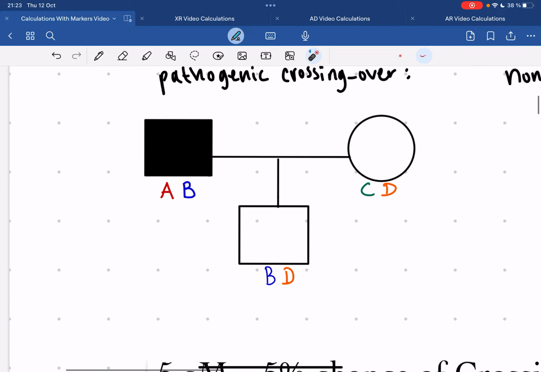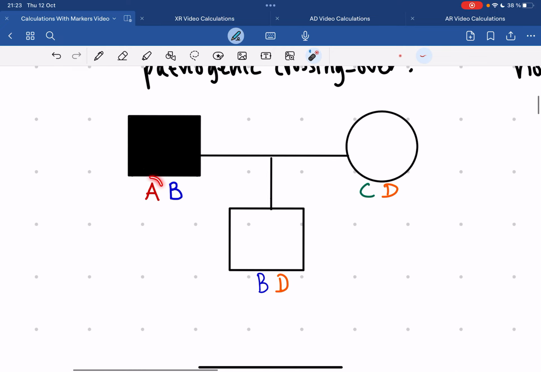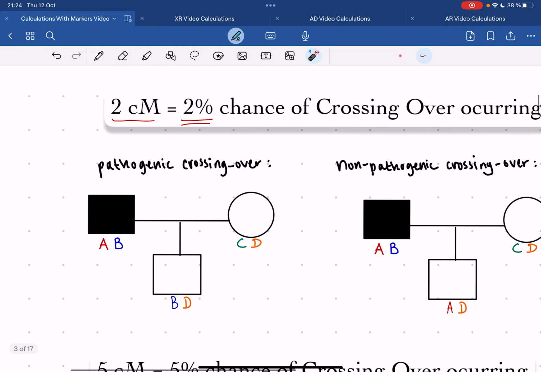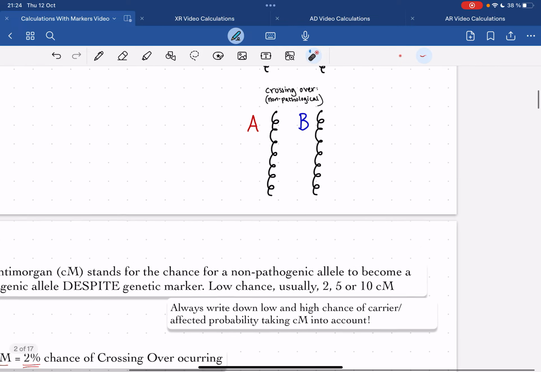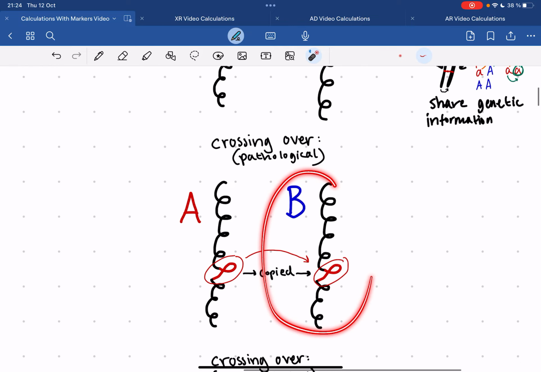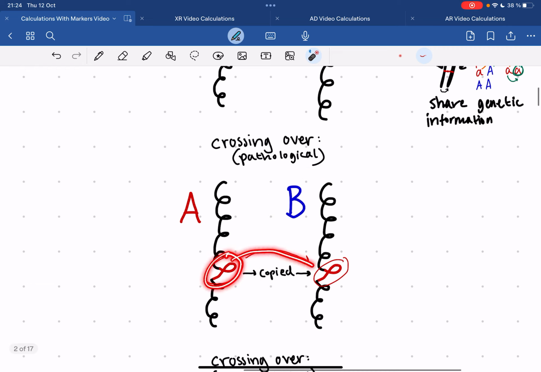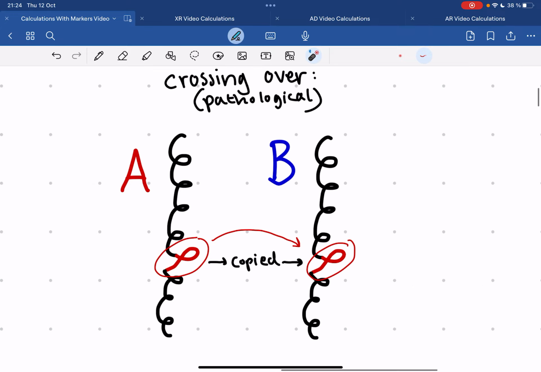So for example, in this case, which we mentioned earlier, we have this pathological allele marked by A, but here this marker marks for non-pathological alleles, right? So we would assume this person is healthy. However, if crossing over occurs, this could still look like this right here, because the pathological copies into the non-pathological.